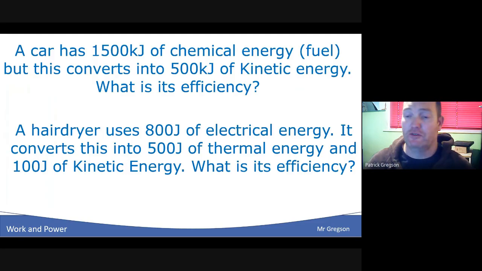Anybody stuck? If you want some help, put something in the comment section for me. Okay, a few more hands popping up here. So I'm just looking for the first one at this stage. That way, if you're getting stuck, you can at least see if you got the right answer. Remember, it shouldn't be above 100%.